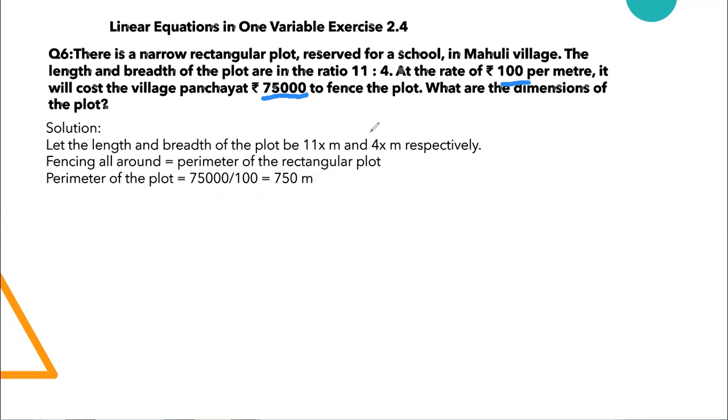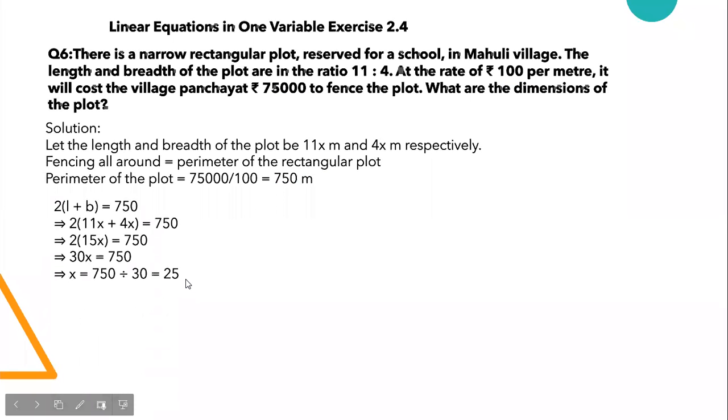Going ahead, what do we get? Now, you know the very well formula of the rectangle, which is 2 into (L plus B), which is equal to 750. This is for the perimeter of the rectangle, right? So, we know the answer, but we need to find out the length and breadth of the rectangular plot.